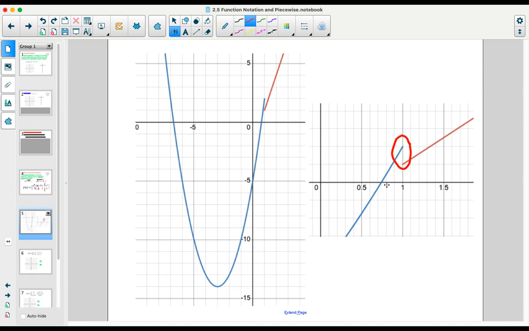What it does show is where they stop and start. We need to be very careful when we're graphing these by hand to show the fact that this graph is going to end and actually belong at this spot, and this graph is actually only going to begin there. And we use some of the logic that we had from graphing inequalities with the closed circle and the open circle to make that vision a reality.